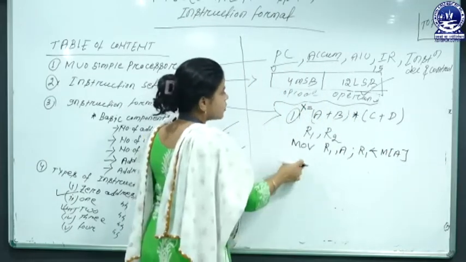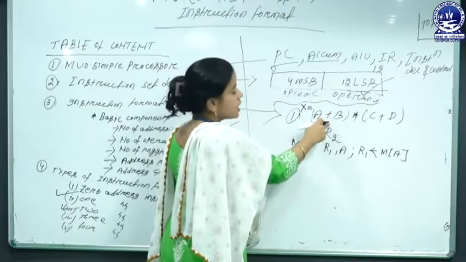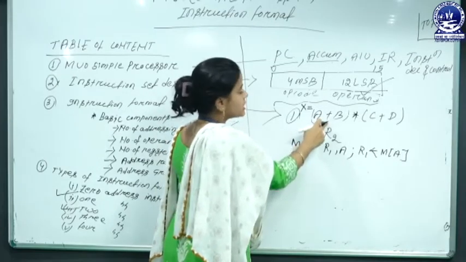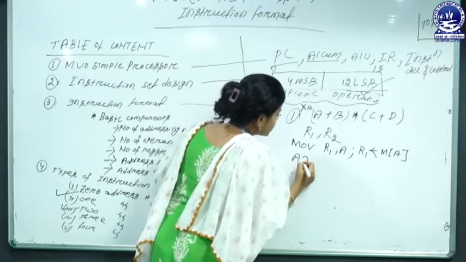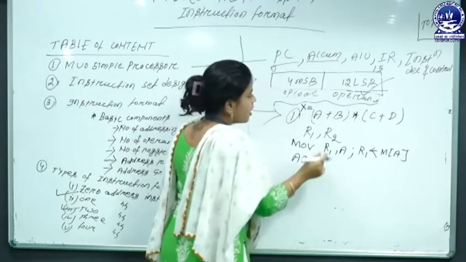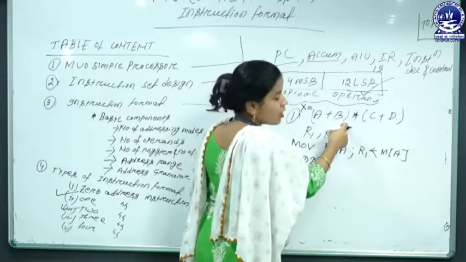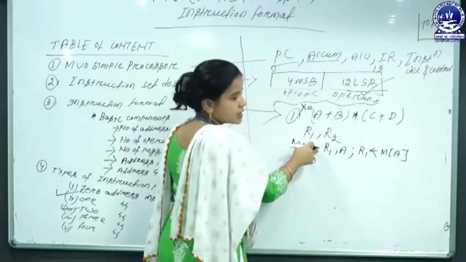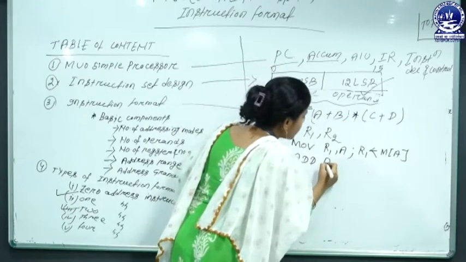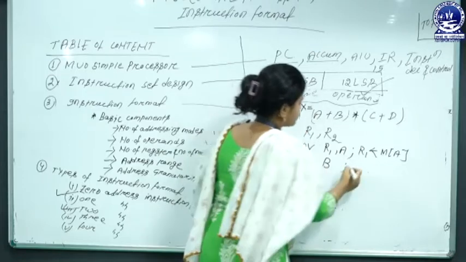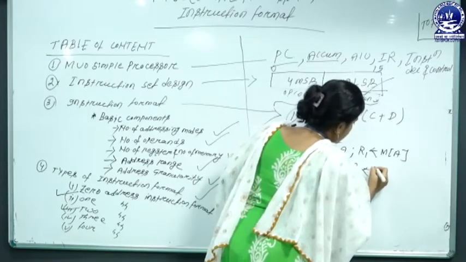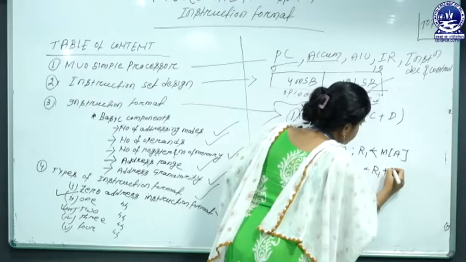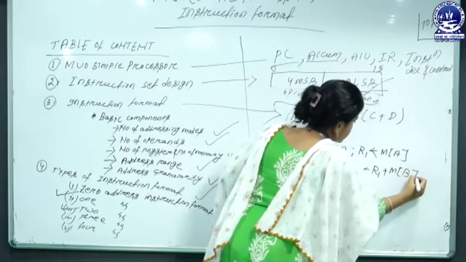After that, now goes to the next term, the opcode to be specified. That means here the opcode is add. That means you have to add the given second operand value to register R1. That means here add B. That means here R1 equal to previous R1 value plus M of B location.